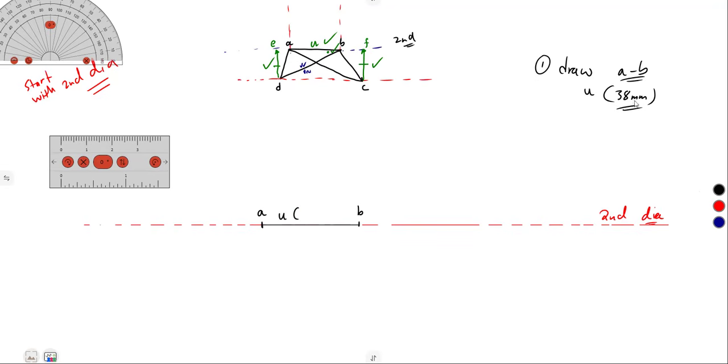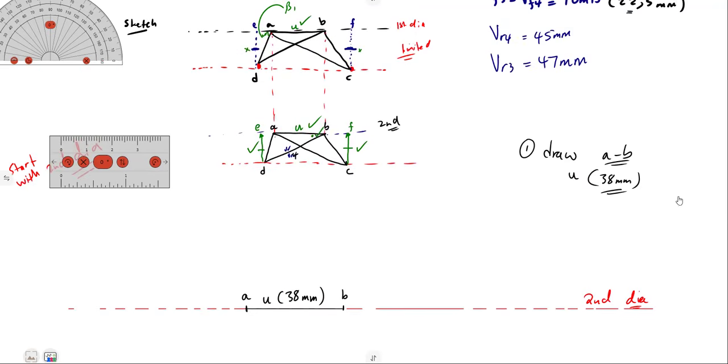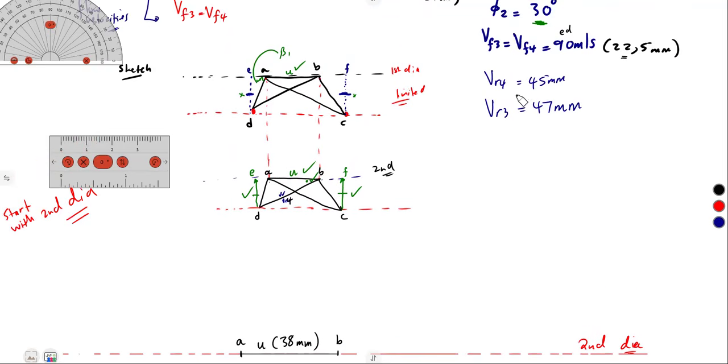So that's our U, which is 38 millimeters. What we can see is that we have VR4, from B to D, and also the angle, because remember, we have calculated that VR4.